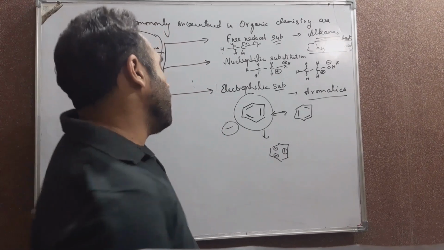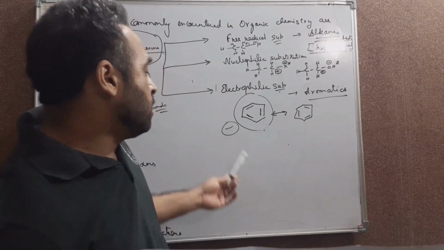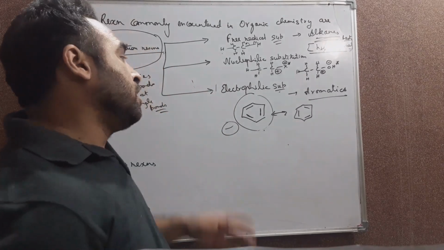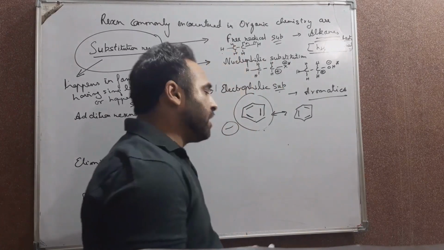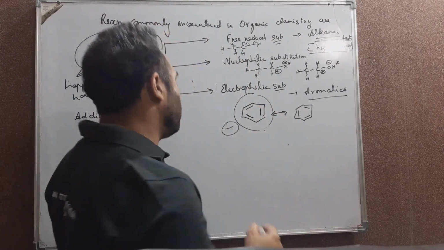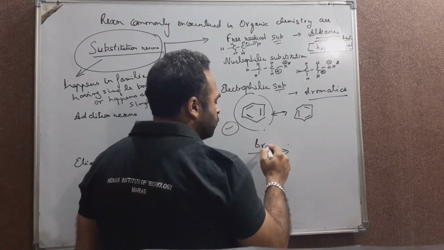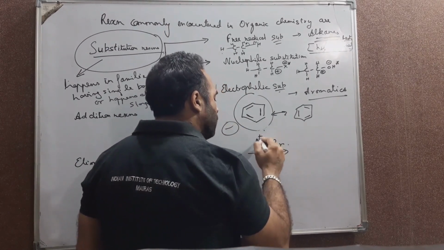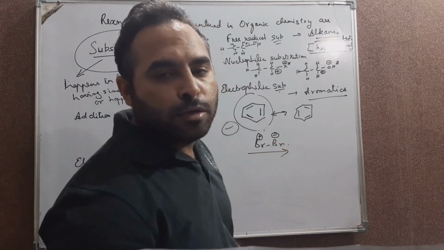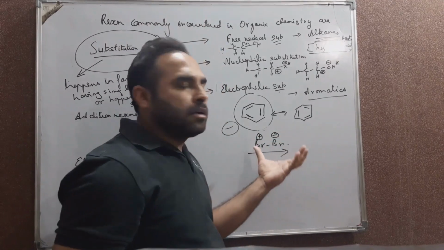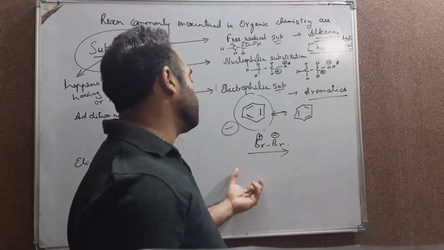So what will happen if I try to carry out a reaction at benzene? If it is having a negative charge, any reagent you add into the compound or the given reaction will always have two parts. For example, if I want to do bromination at benzene, it will have a positive part and a negative part. This is like induced dipole, dispersion forces, you know this thing from matter.